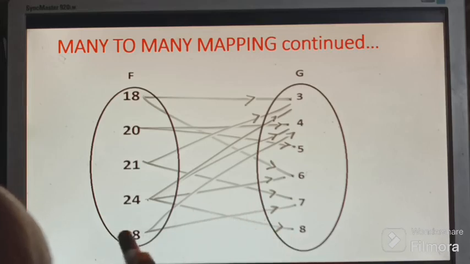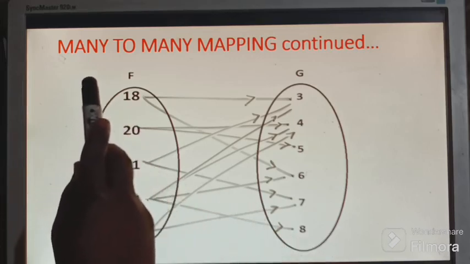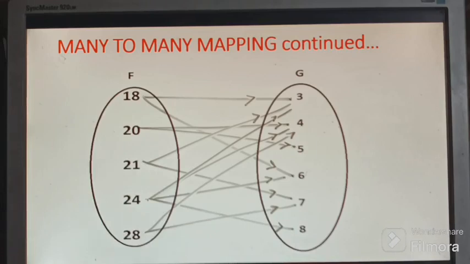Now that we have demonstrated the mapping, are we able to identify what describes a many-to-many mapping? Remember, in a many-to-many mapping, we must have both one to many and many to one. So let's check.